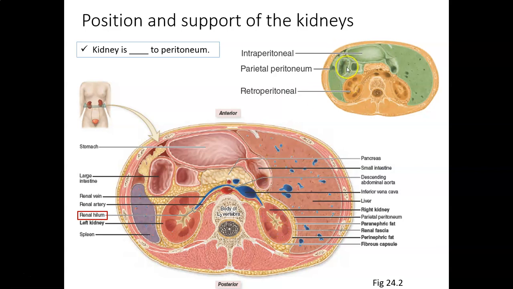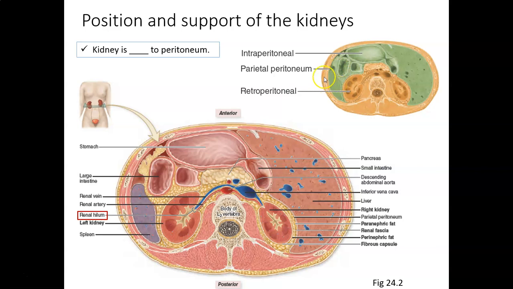Here is to show you, if you remember, most of the abdominal cavity digestive tracts are in the peritoneum. That means they are wrapped around by serous membrane, and so they are in the peritoneal cavity.